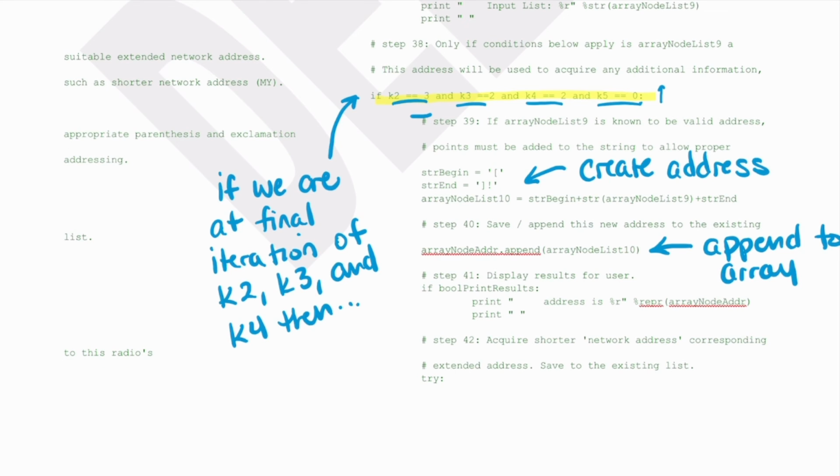And so what we do is we add an open bracket, the address, a close bracket, and then we append that to array node address.